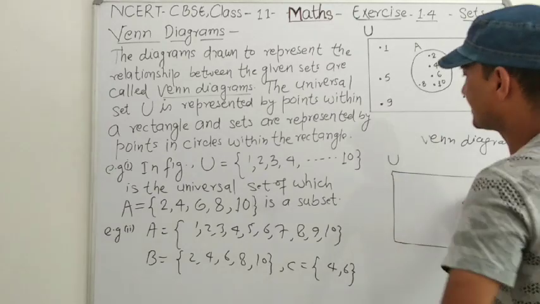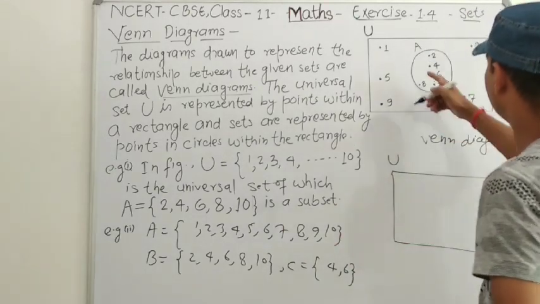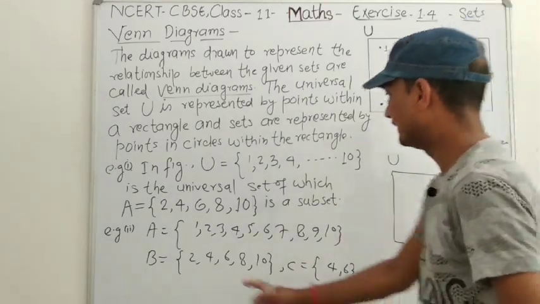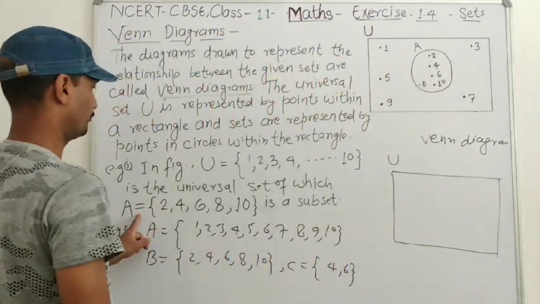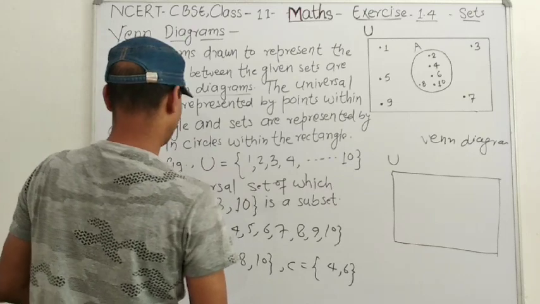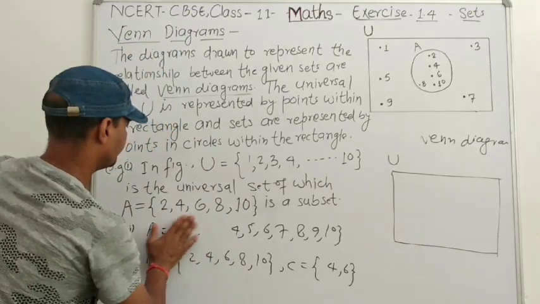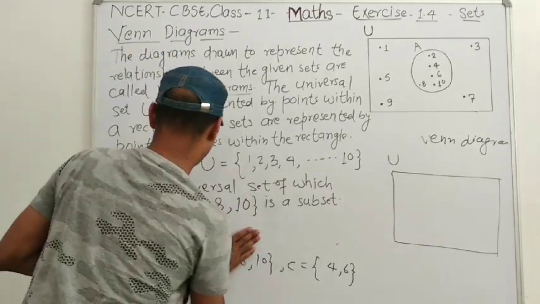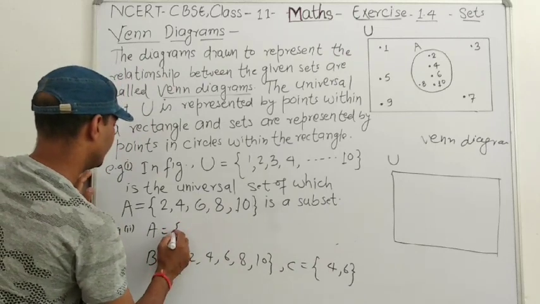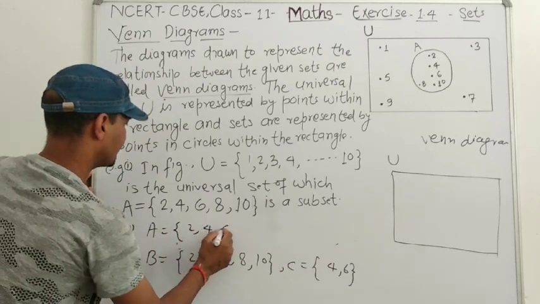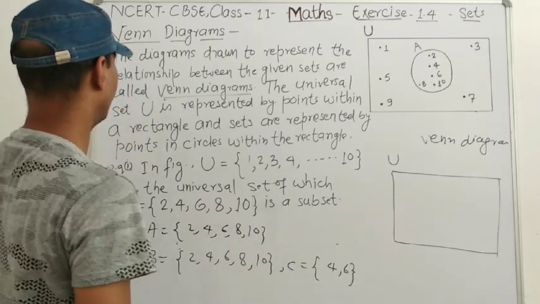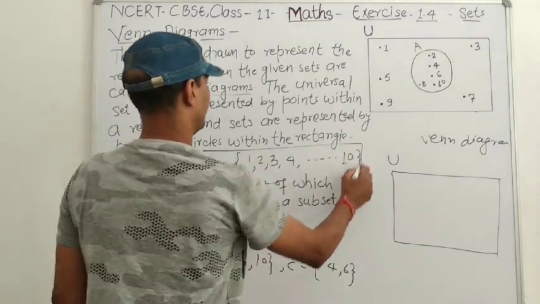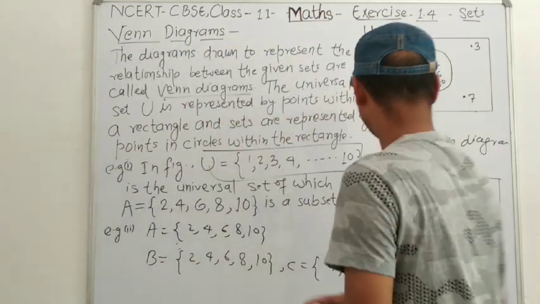It is a universal set with all elements from 1 to 10, and A is 2 4 6 8 10.